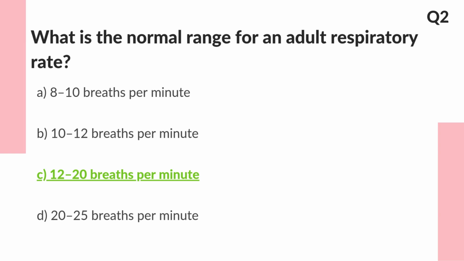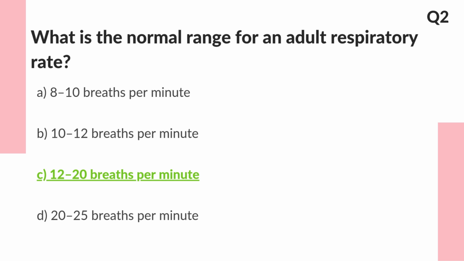If you're trying to learn, you can learn about bradypnea and tachypnea. That would facilitate your learning and help you understand the breathing rate, or respiratory rate, better. If someone has a respiratory rate below 12, it is considered bradypnea, or respiration below normal.